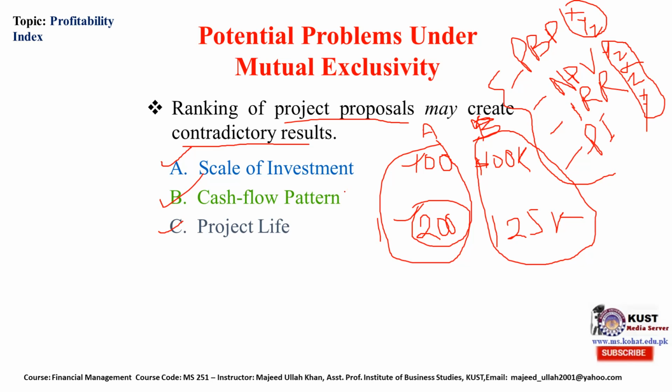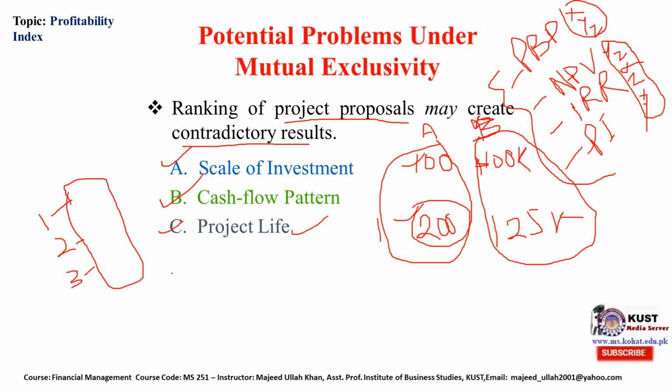The other is the pattern of cash flows. Some projects give you higher cash flow in earlier years, while some projects give you lower cash flow in earlier life. So this pattern of cash flow in the future is also one of the potential problems in ranking mutually exclusive projects. Third is project life.